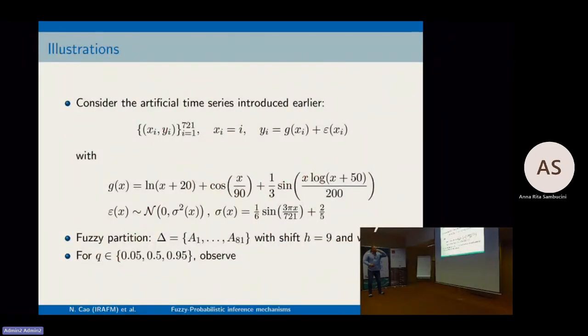So again, I return to this result. What is important here is that sigma square is a function, not homogeneous. So the randomness or the noise is dynamically changing with time.